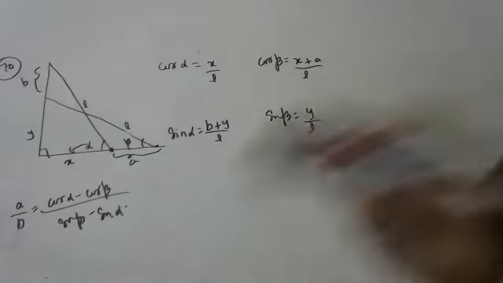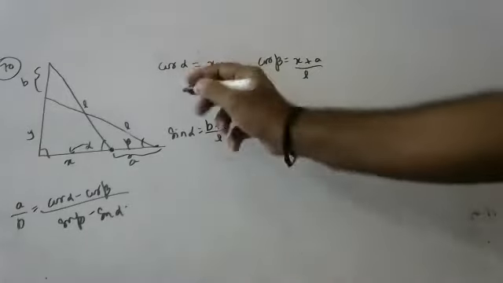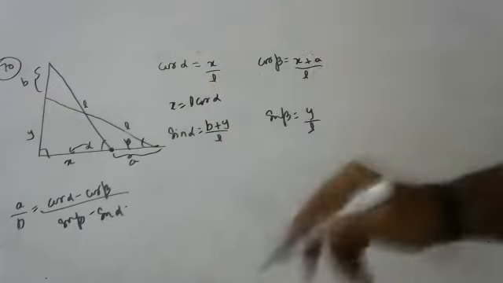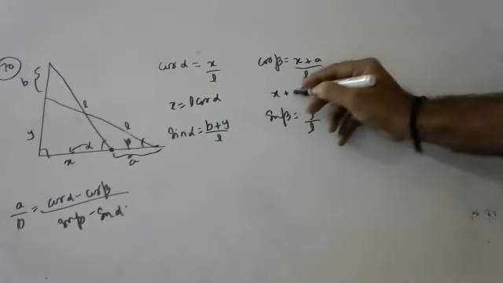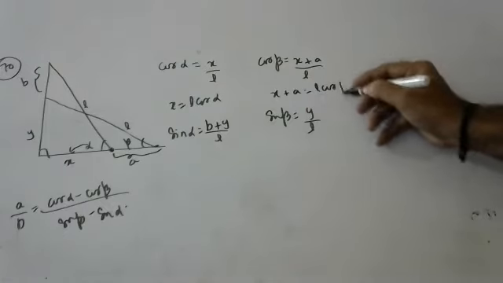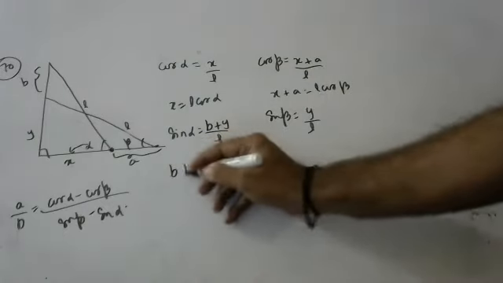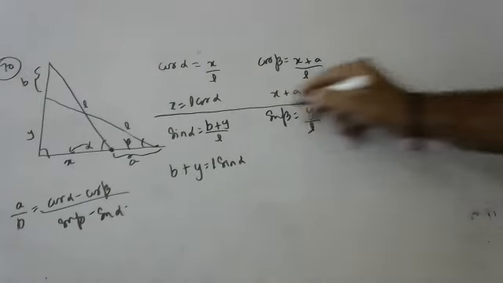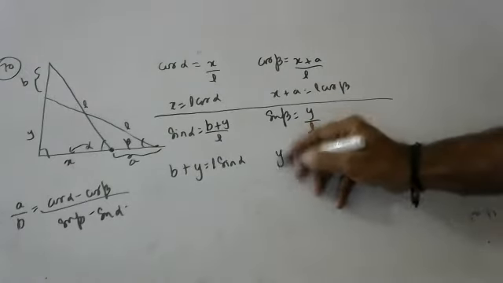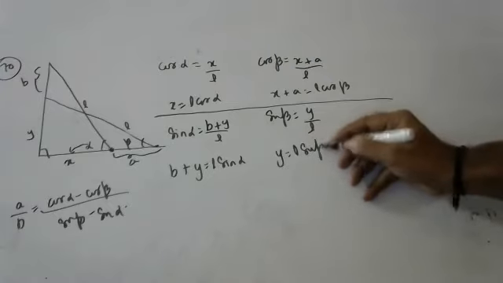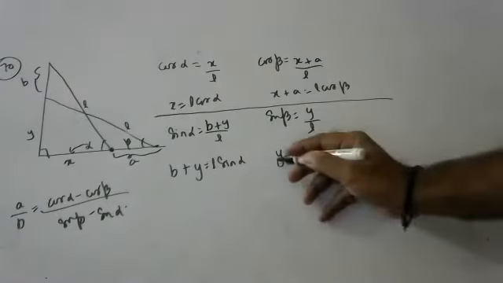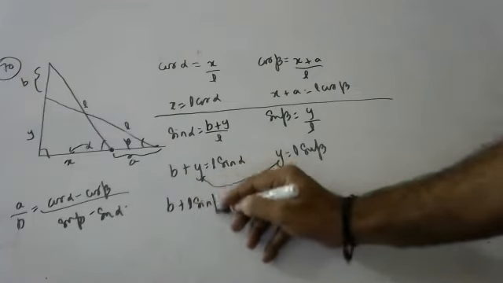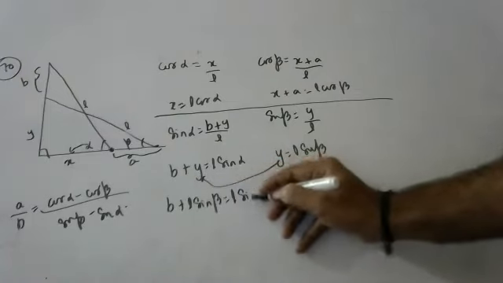Now you see, children. Here I will write x is equal to L cos alpha. Here I will write x plus A is equal to L cos beta. Here I will write B plus Y is equal to L sin alpha. Here I will write Y is equal to L sin beta. If I substitute here, B plus L sin beta is equal to L sin alpha.